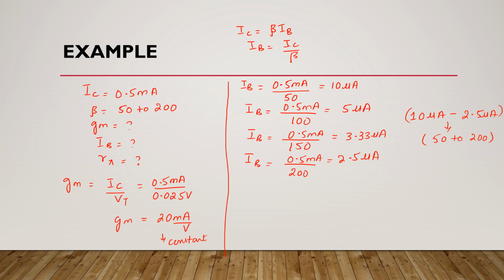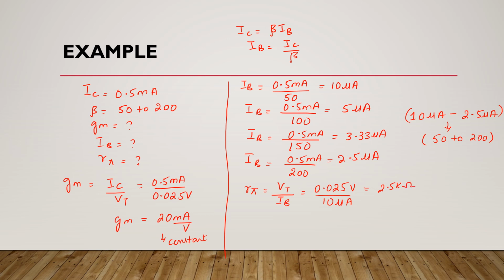We know that the formula of r pi is equal to Vt divided by Ib. We know that Vt is 0.025 volts, and if this Ib is 10 microamperes, this resistance is 2.5 kilo ohms.